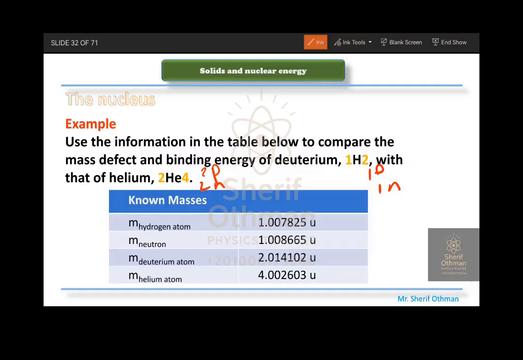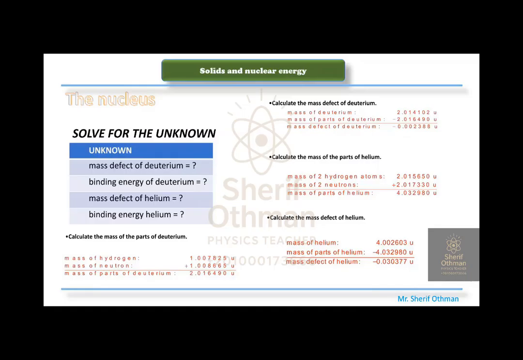The mass of hydrogen atom provides the mass of proton, because hydrogen is 1-1. It has no neutrons, so it has only one proton. So he would like to know the mass defect of deuterium, the binding energy of deuterium, the mass defect of helium, and the binding energy of helium, to compare between them.